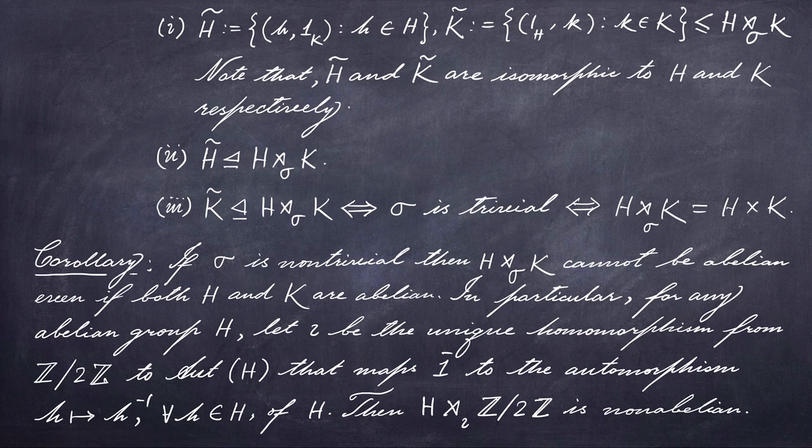With respect to this unique homomorphism, if we consider the semi-direct product of H and Z modulo 2Z, it has to be non-abelian.